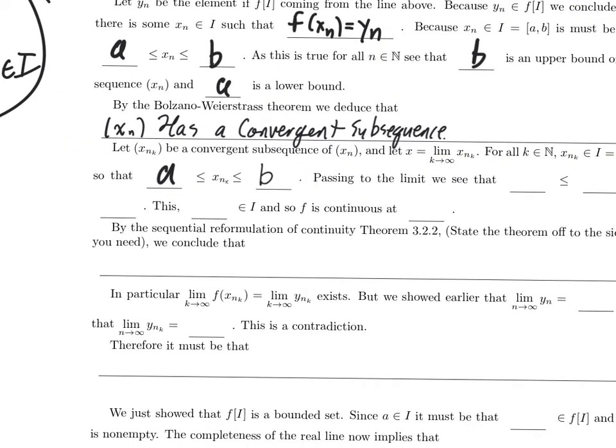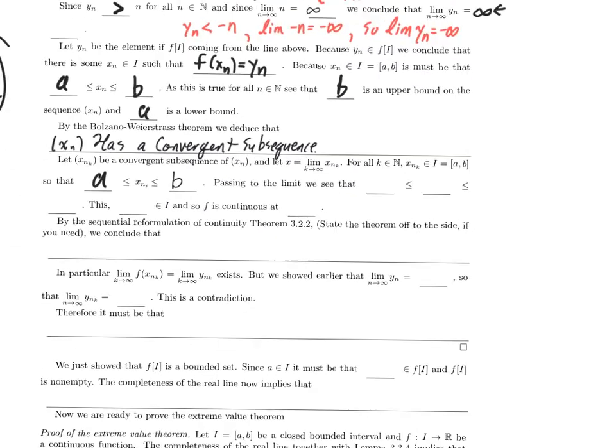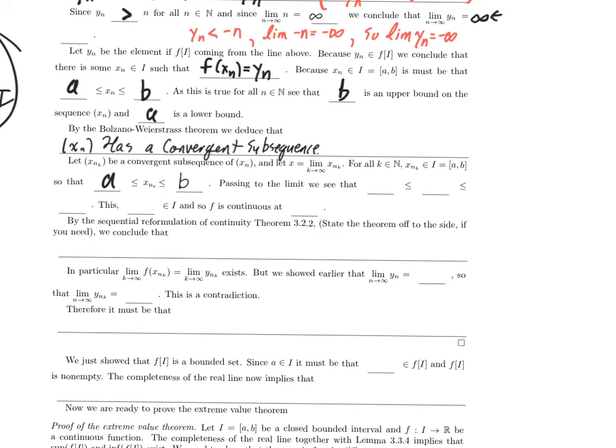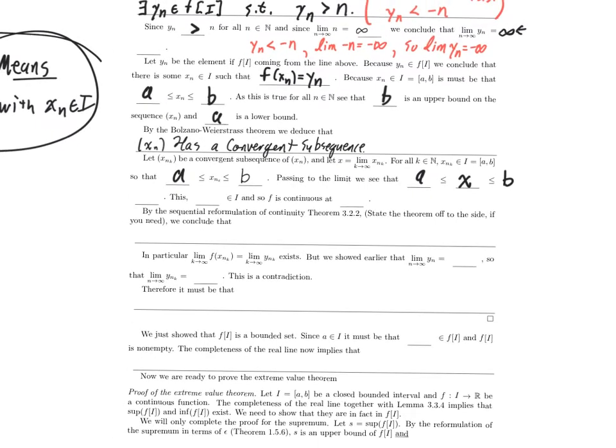I can pass to the limit because I know the limit exists, right? The middle term actually has a limit. So I'll be able to conclude that a is less than or equal to x is less than or equal to b. Oh, neat.